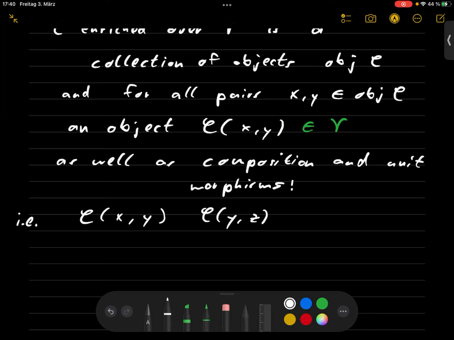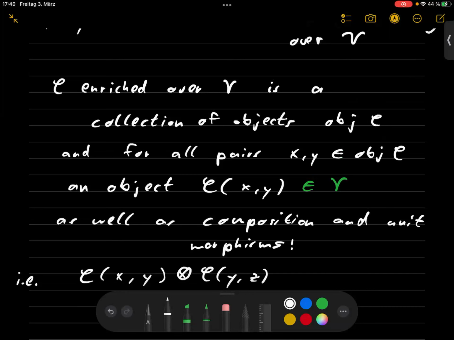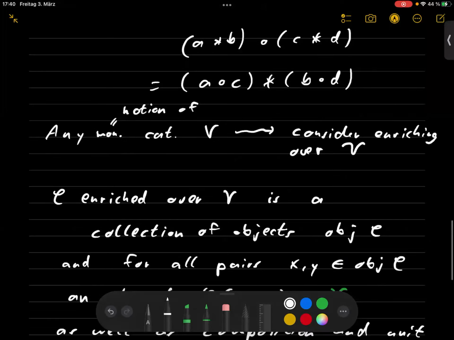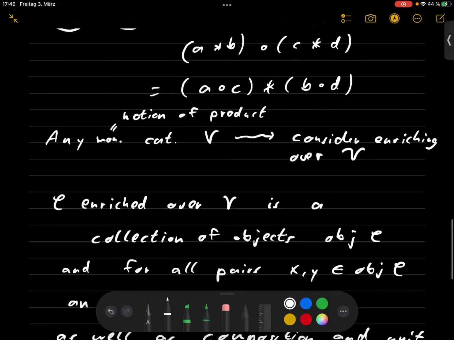Sorry, we use the monoidal structure of our category V. So there's some notion of tensor product on this, or in our case, the monoidal structure will be the product. So I just write a notion of product of objects to make a third object.